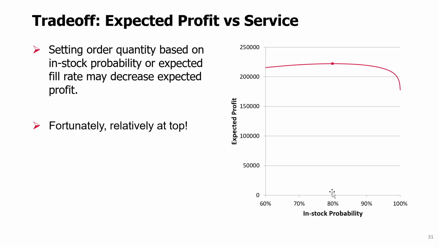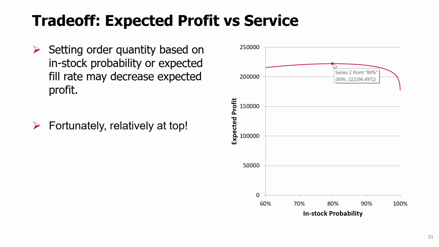However, fortunately, the profit function, and here we have a chart of the profit function with respect to the in-stock probability that we use to set the order quantity, behaves well. Notice this was the case when we maximized profit for a critical ratio of 80%. The in-stock probability was 80% also, and this is where we had our expected profit maximized.